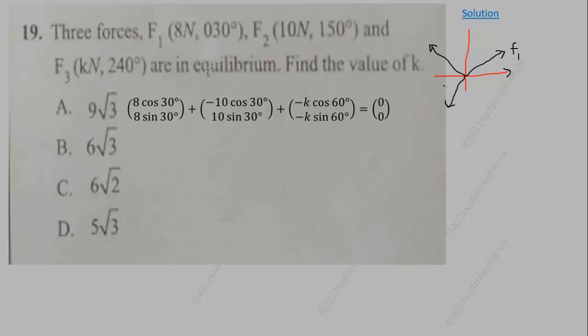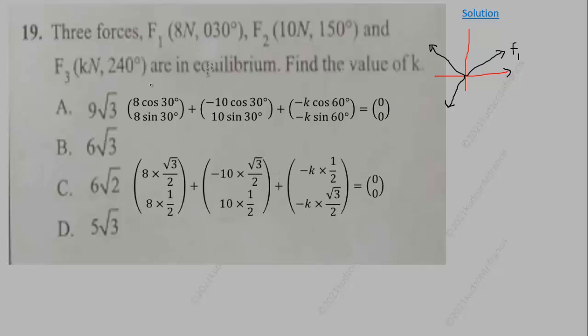Because this is in the third quadrant, we have negative values for both the x and y coordinate. This is in the second quadrant, so we have only the x coordinate being negative. This is in the first quadrant, so we have this. Now we simplify by substituting the values of the cosine and sine of the respective angles that it makes with the x-axis, and that will give us these results.